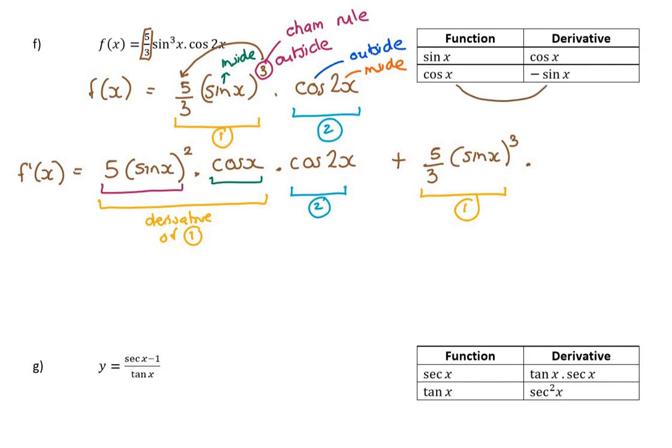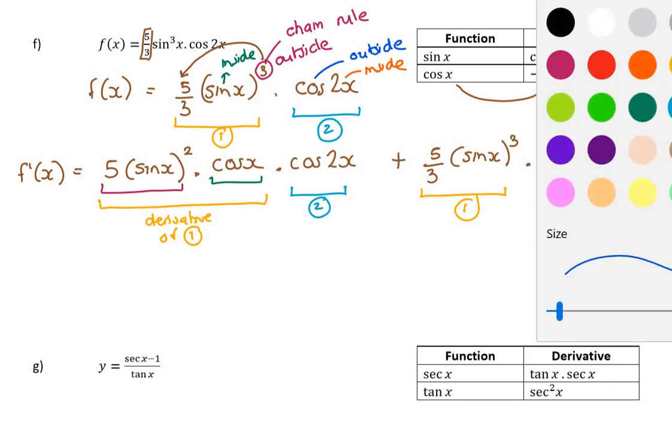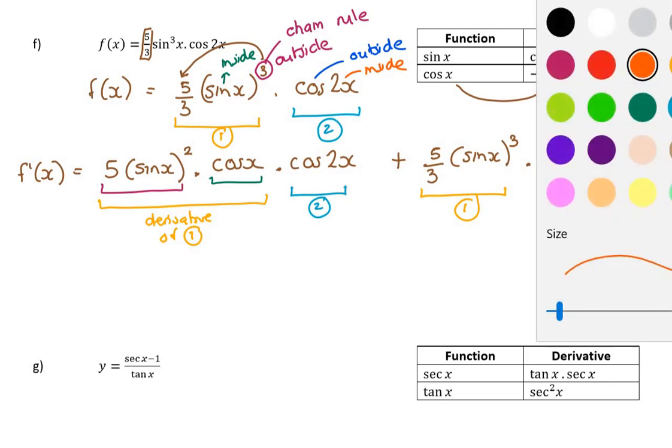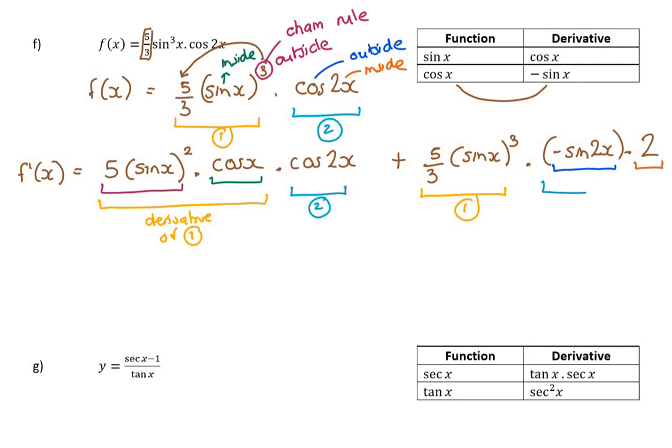Cos differentiates to negative sine, so this is actually negative sine, leave the inside alone, multiply by the derivative of the inside, which is 2x, which is 2. So again, to color coordinate, this is the differentiation of the outside function, this is the differentiation of the inside function. And what is this? This entire thing is the derivative of function number 2.